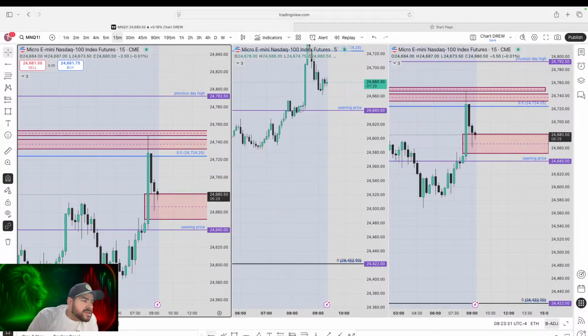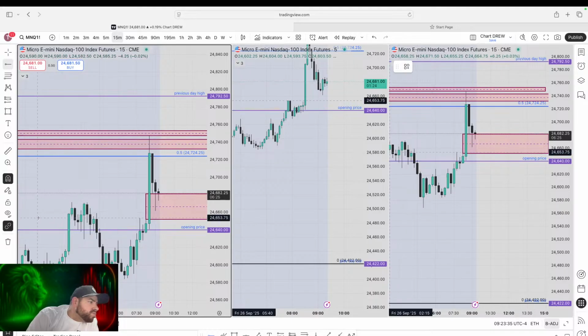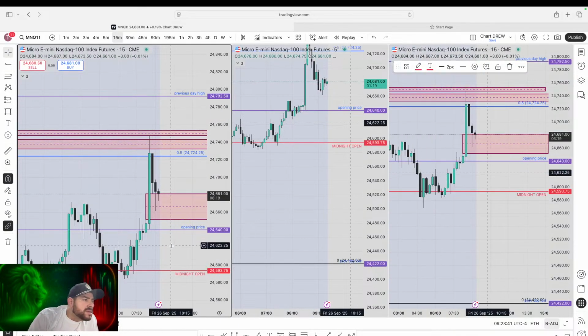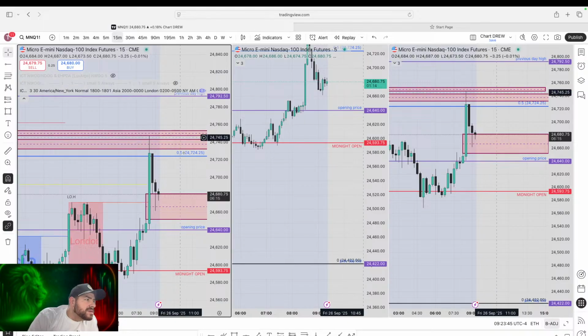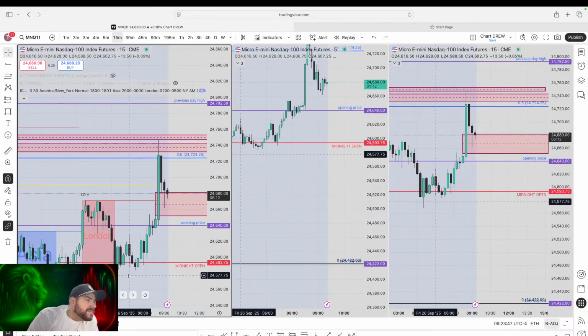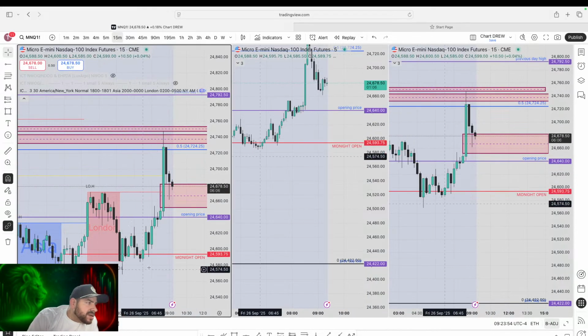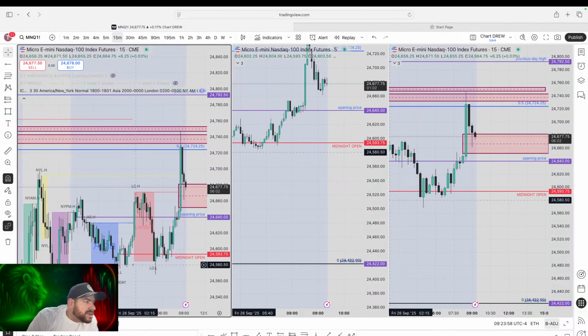Let's also look at the midnight open. Mark that out. London low, London high. Let's check that out. Okay. So we opened up, we took out after London, we took out London low, and then we took out London high. Asia low too.